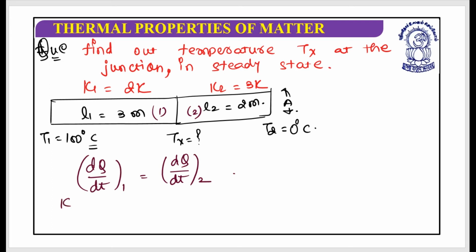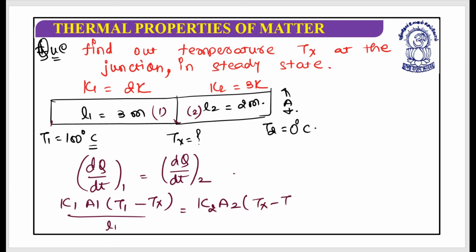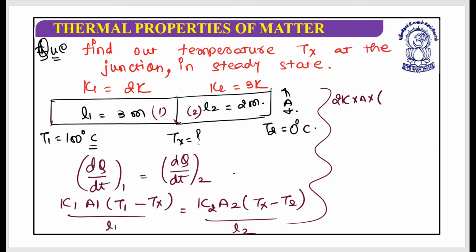So K1 A1 (T1 minus Tx) divided by L1, since for this segment the second temperature is Tx, equals K2 A2 (Tx minus T2) divided by L2. If I put in the values, it is 2K multiplied by A multiplied by (100 minus Tx) divided by the length, which is 3.